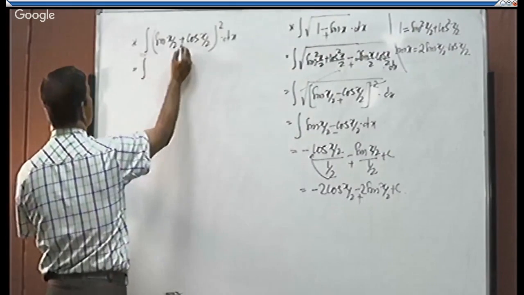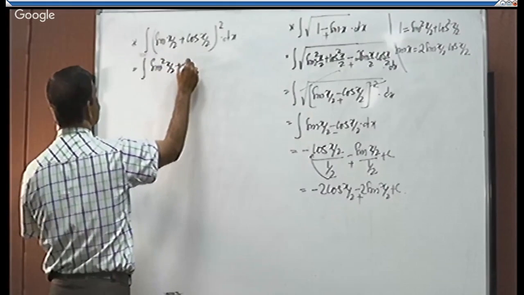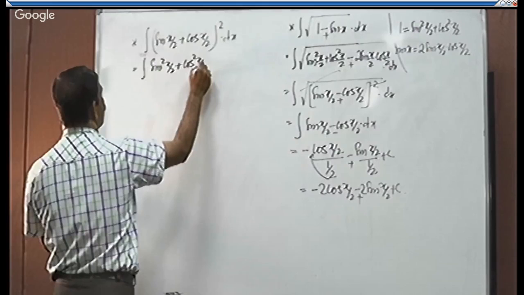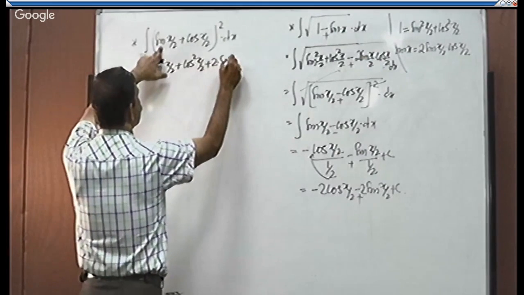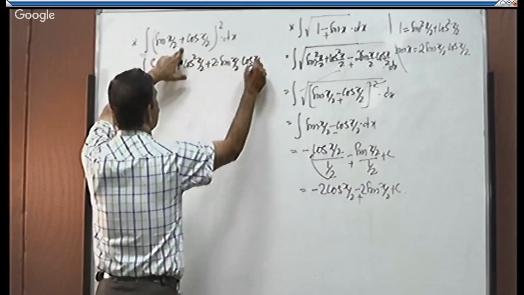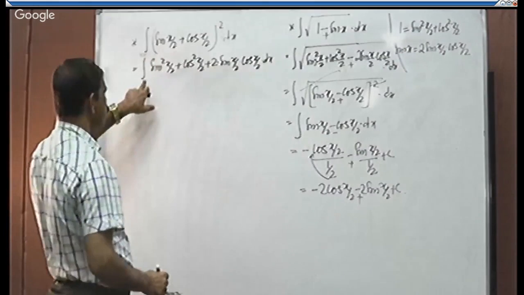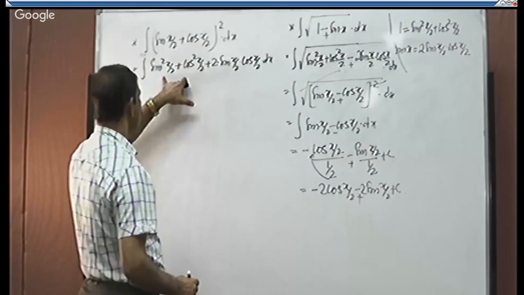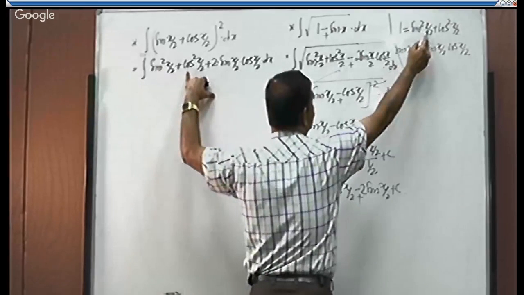Expansion of a plus b whole square is a square plus b square plus 2ab, where a is sin x by 2 and b is cos x by 2, into dx. Observe this expression, sin square a plus cos square a is 1.